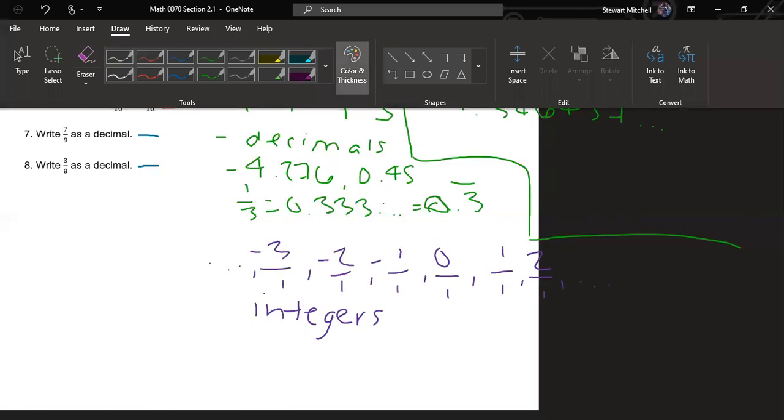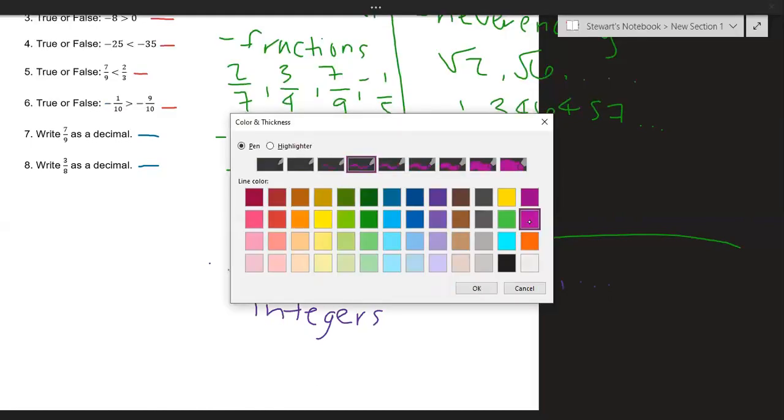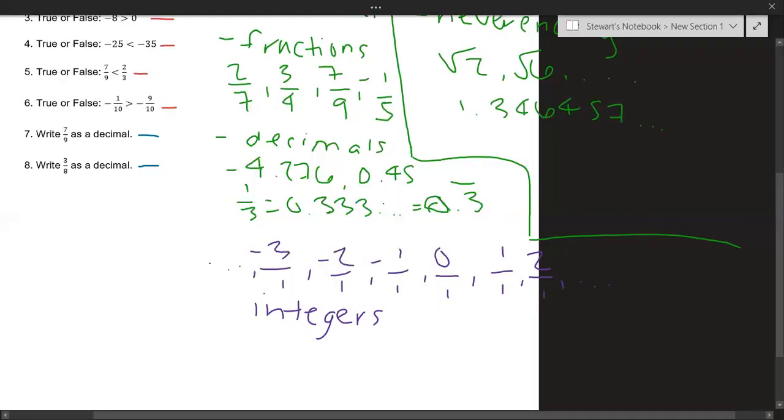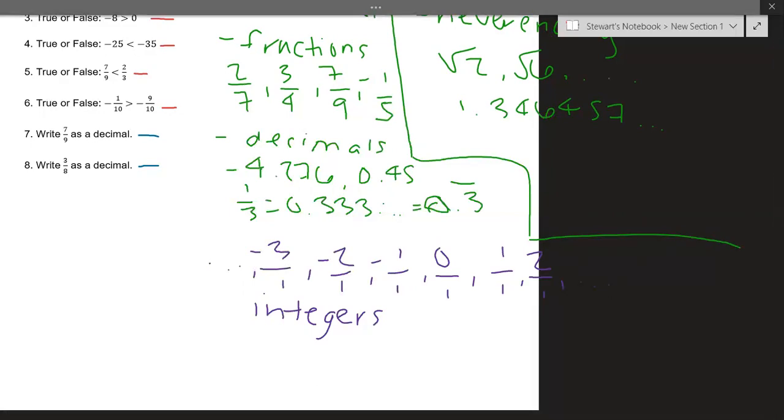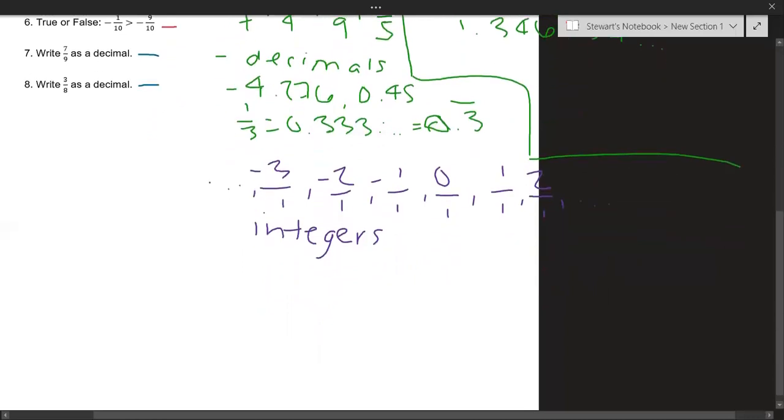And then within the integers, within rationals, within reals, I have to scroll down just a little bit first.